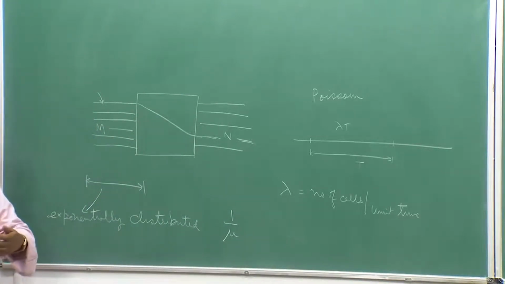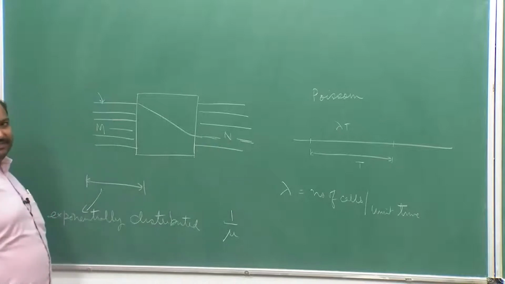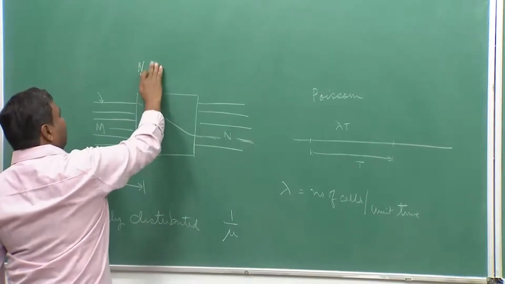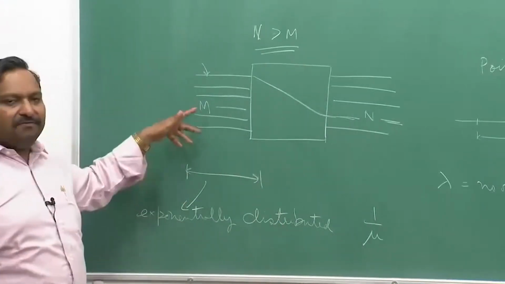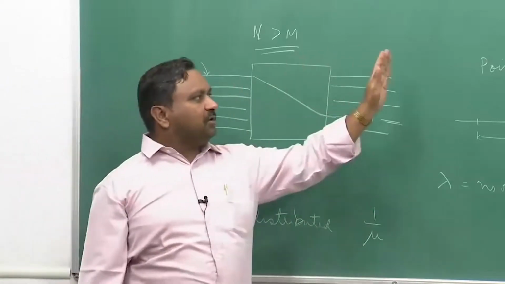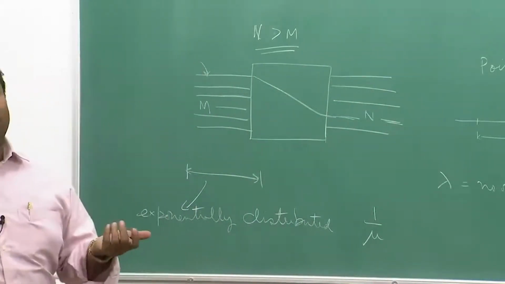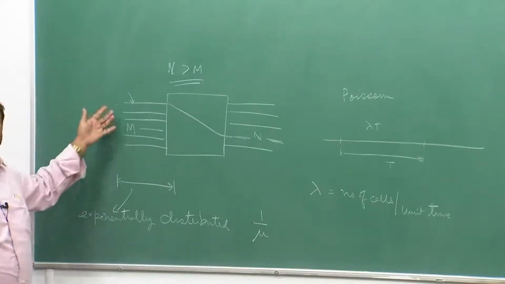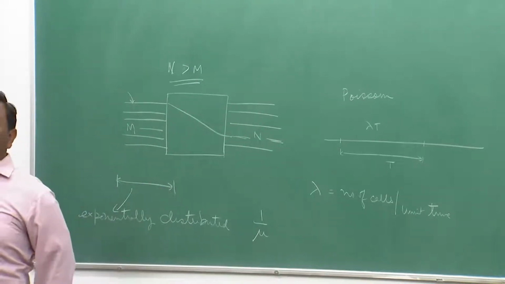Now, before that, when is the blocking going to happen? If my number of outgoing links n is greater than m, will there be a blocking? Whenever a call arrives, it can always be connected to an outgoing link because one is available. When you are talking, a call cannot come at your line, only on the free lines can a call come, but you will always find an outgoing link, so there is no blocking here.